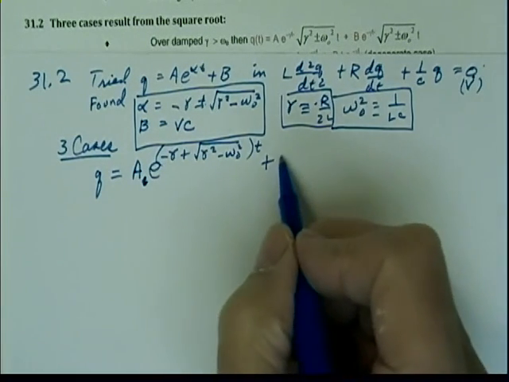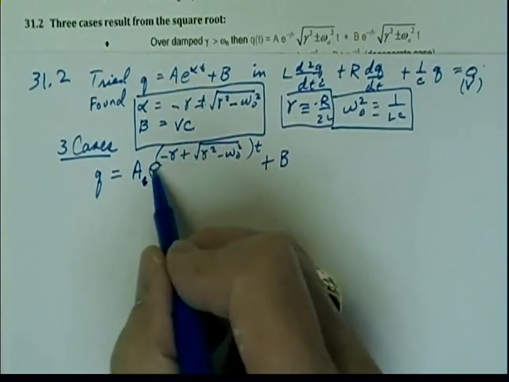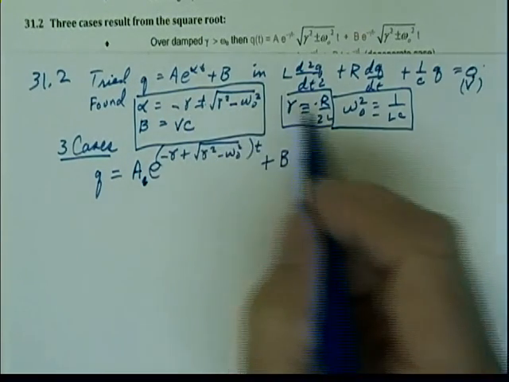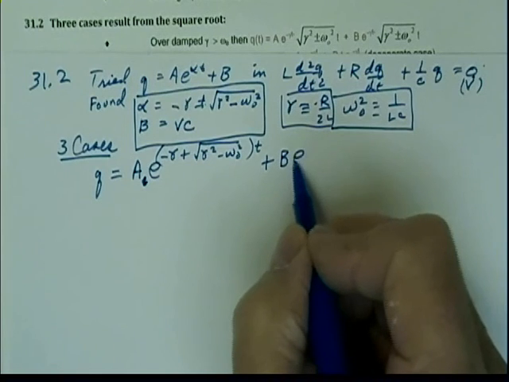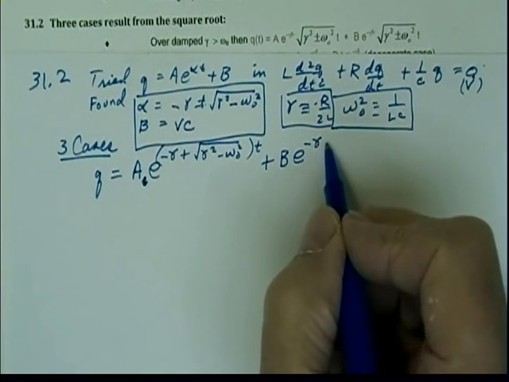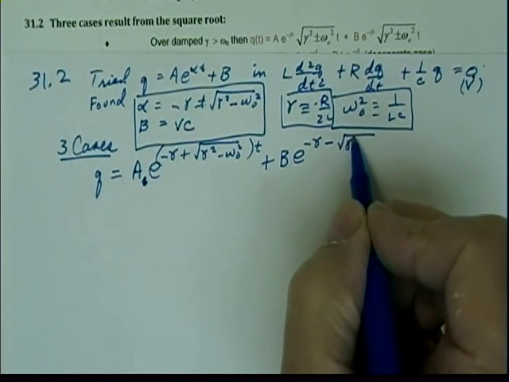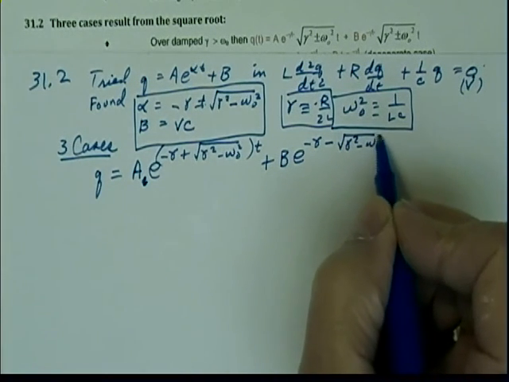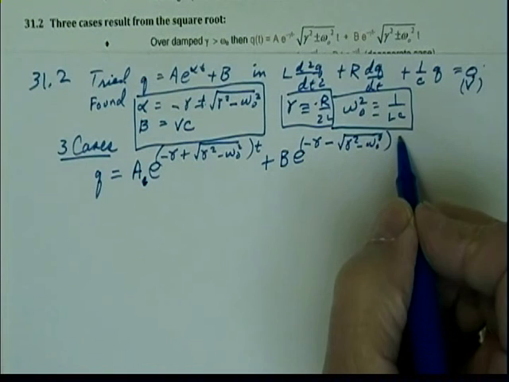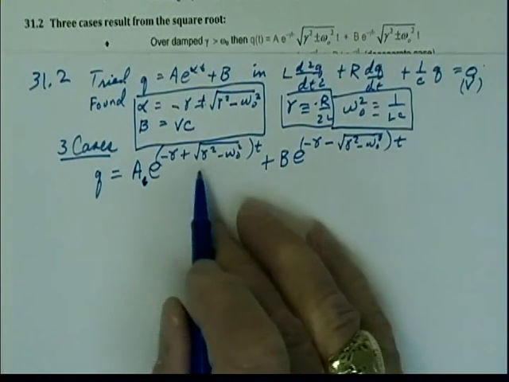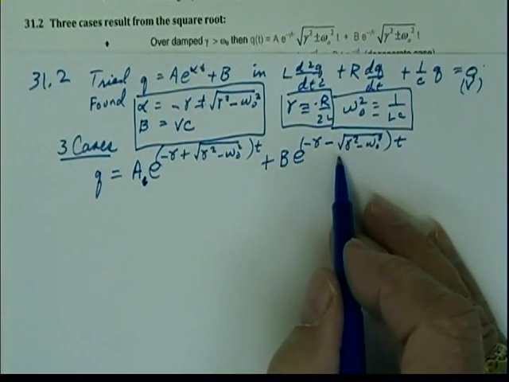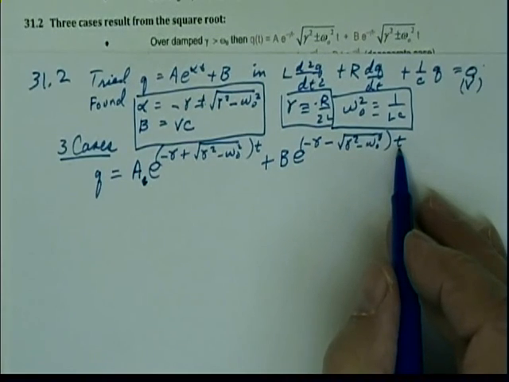Plus another constant times the other solution. Any linear combination of these two solutions will work. Again, e to the minus gamma minus the square root of gamma squared minus omega naught squared, all of that times t. And the sum of those two exponentials is going to be our solution.